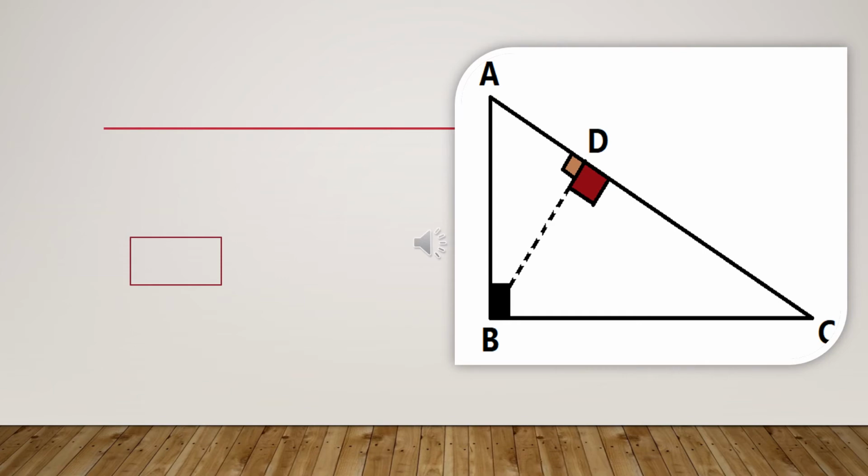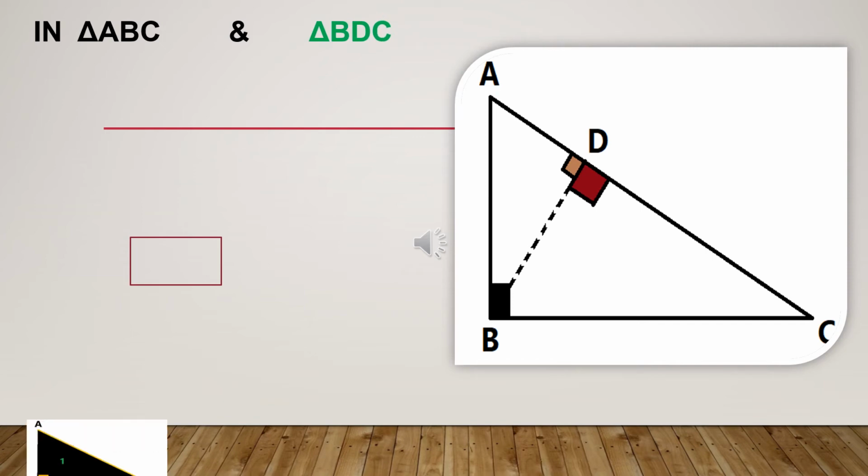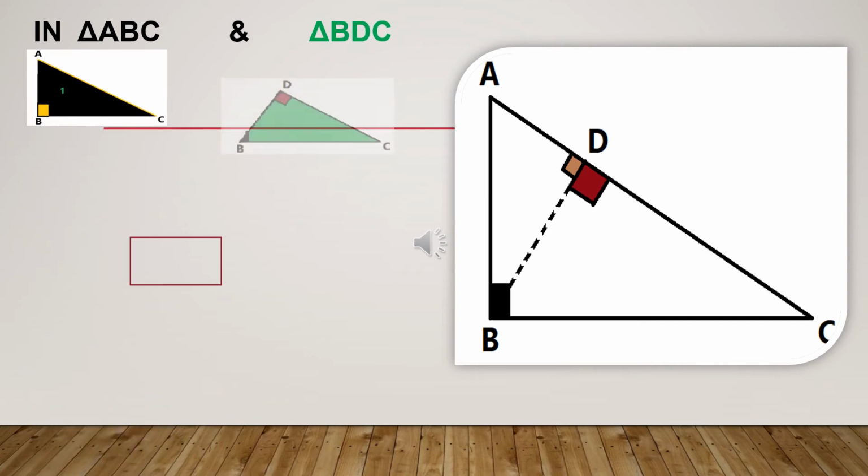Consider another two triangles, namely triangle ABC and triangle BDC. In triangle ABC and triangle BDC, angle C is equal to angle C by data.